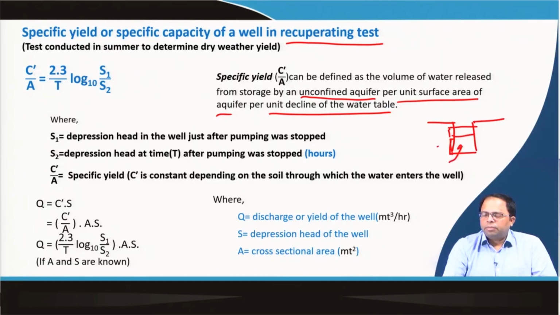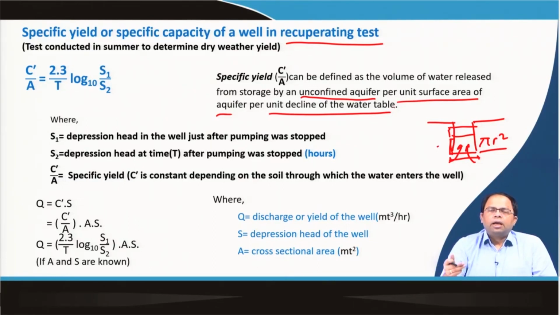Usually water enters from below. So in this case, the surface is just the area of a circle of this particular diameter, so it is around pi r square. So pi r square is the area of the well, and using this area water will enter. So when we have specific yield, if I multiply by pi r square, then we get the yield of the well for unit hydraulic gradient.